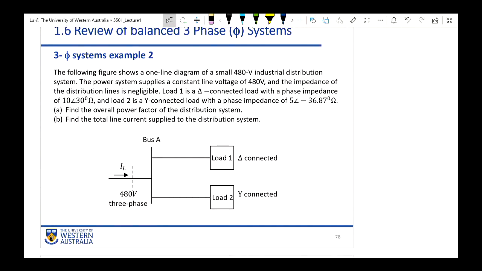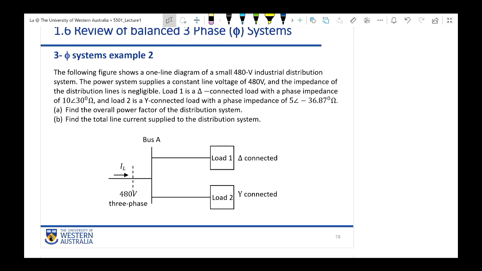Example 2. I think this is the final example for chapter 1. In this system, the following figure shows a one-line diagram of a small 480 volts industrial distribution system. The power system supplies a constant line voltage of 480 volts.